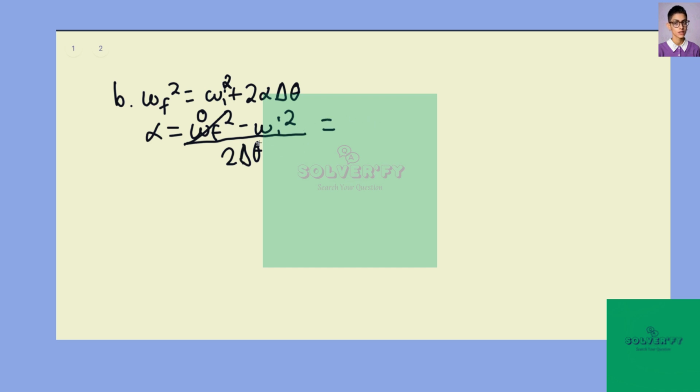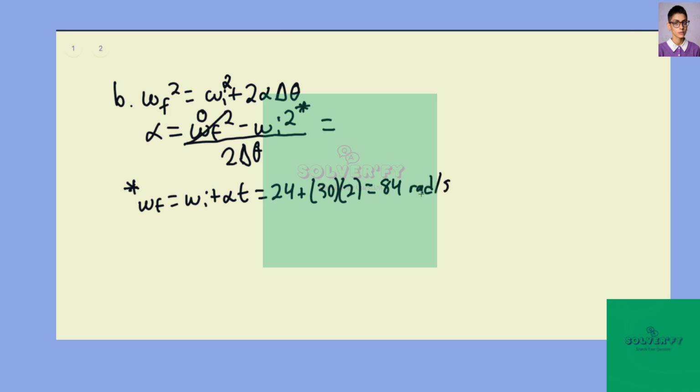So we can't really apply this yet. We can put a little star, and we can say this is going to be 24 plus 30 times 2. And this is going to be 84 radians per second. And this is the value that we're going to use for this.